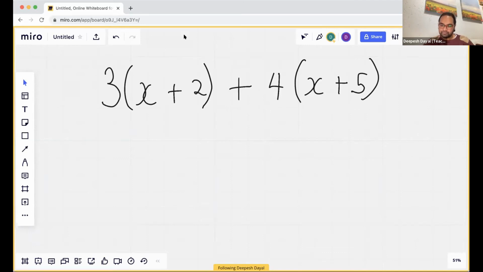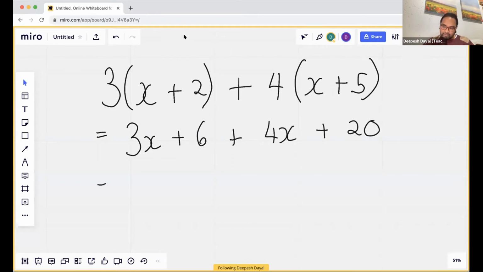Yes, that's very similar to the previous answer as well. And add the like terms, and let's see what you get as the final answer. 7x plus 26.